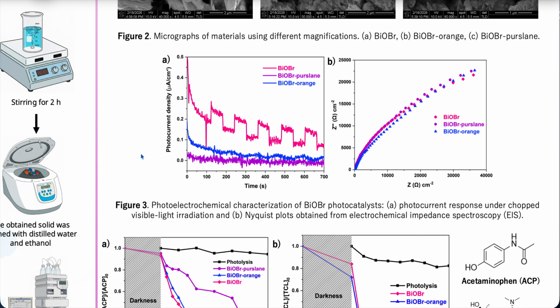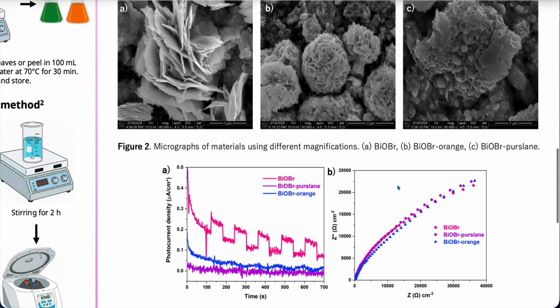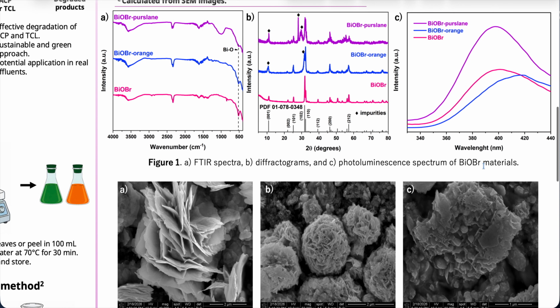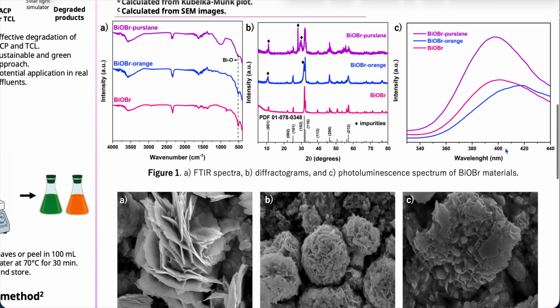We also evaluated the photoelectrochemical properties. Pristine bismuth oxybromide exhibited a clear photocurrent response, which indicates efficient separation of photogenerated charge carriers. The electrochemical impedance results showed similar charge transfer resistance among the three materials, suggesting that the extract did not substantially modify this parameter.